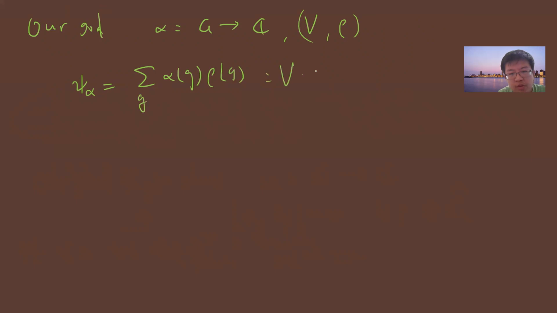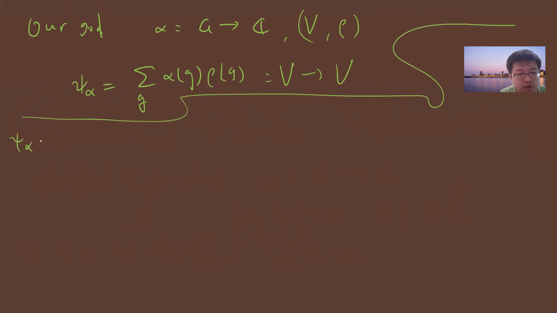So this is from V to V. Okay, so rho g is just an automorphism of the vector space, right? Automorphism from V to V. So you just take some alpha of g, a complex number, and sum over all g. Okay, so the only thing I want to show is that this phi alpha is actually a G linear map.